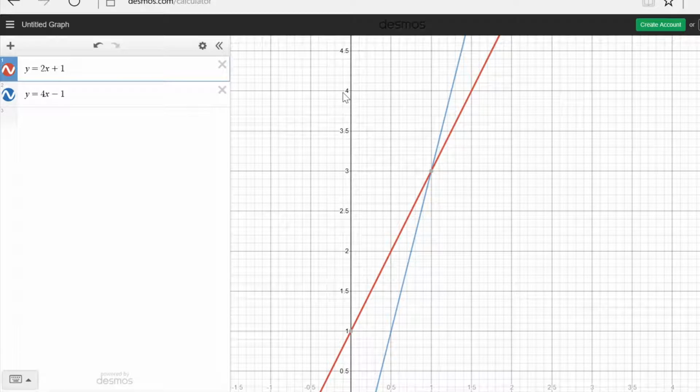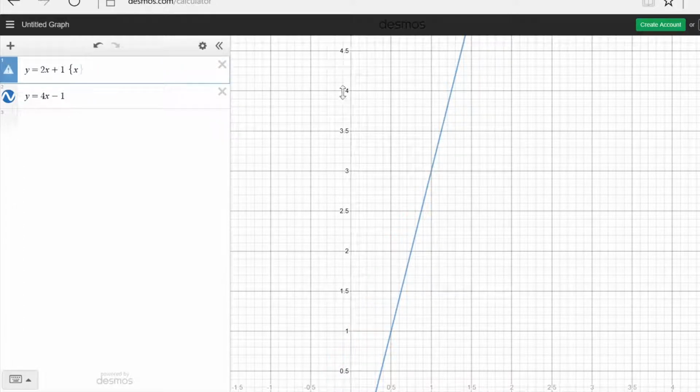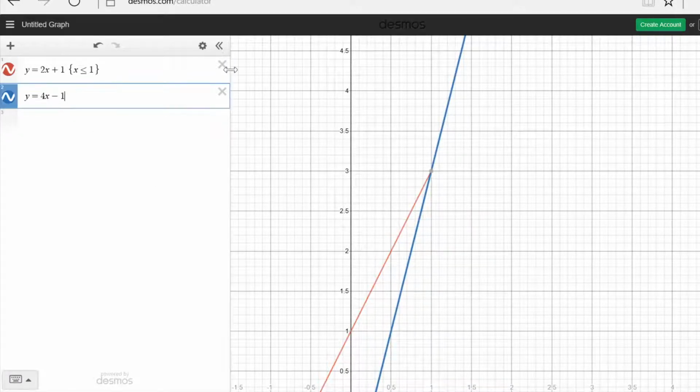So to put that in Desmos, here's what I'm going to do. X is going up to 1. Now, notice what it's done there, grade 11. It's going, it's going, it's going. It stopped at the 1, 3, and now it's time for the blue line to take over. But if you have a look, this blue line is going at the same time as our red line, and we don't want that.